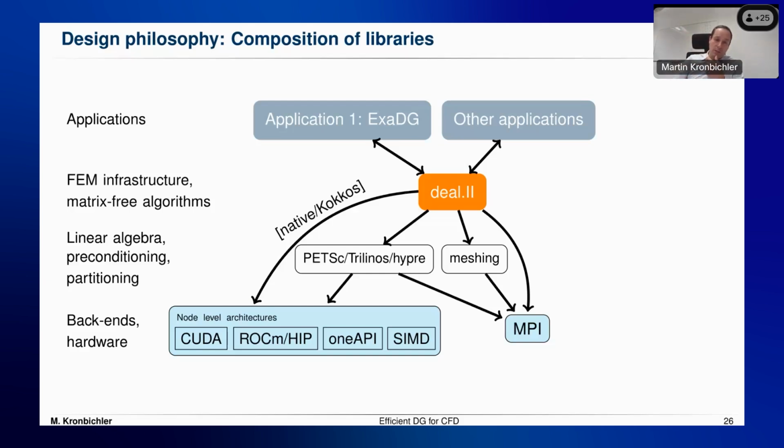For example, when we think about the hardware, we have GPUs on many supercomputers today. So we have different architectures like NVIDIA GPUs with CUDA, we have AMD GPUs, we have Intel GPUs, maybe CPU systems where we use SIMD, the single instruction, multiple data paradigm. And of course, we have MPI to span multiple nodes. So there's a lot of issues in terms of the software layers, and deal.II is not solving all of them. It really tries to focus on the important parts.